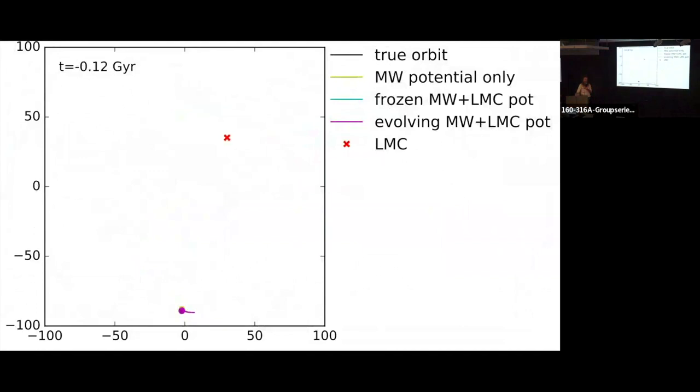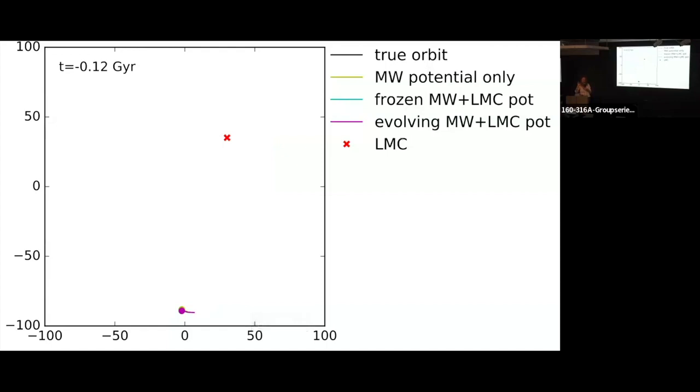Here is a comparison of what would happen if you start integrating the orbit of a test particle backward in time in several approximations. First is the completely rigid potential, so there is no LMC, just the Milky Way. Second is the frozen potential, so rigid potentials in Ekta's terms, when these galaxies are moving around each other but not distorted. And then a full and evolving simulation where both galaxies actually start to be deformed.